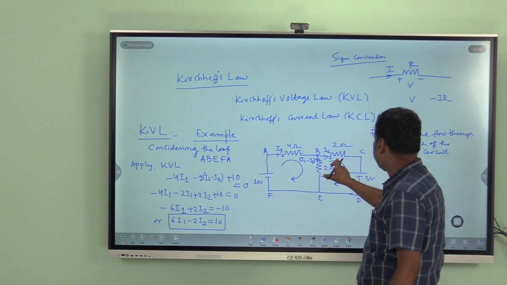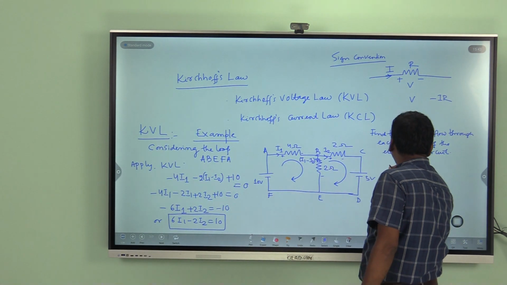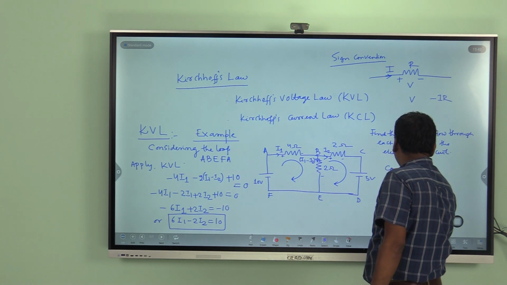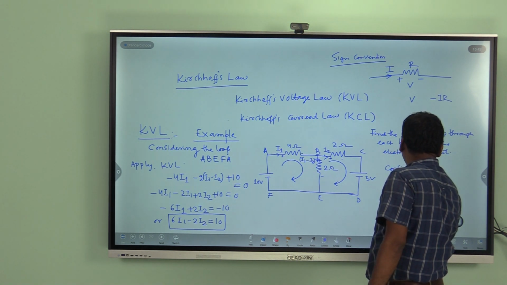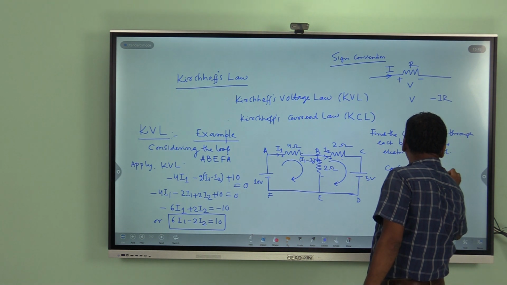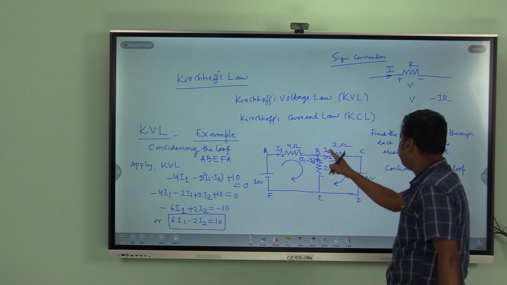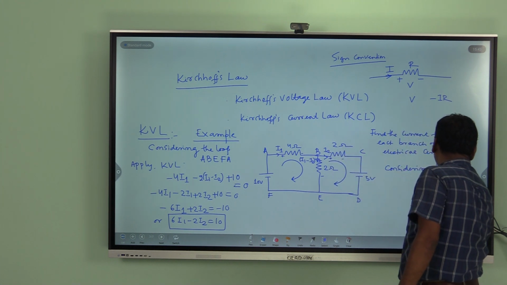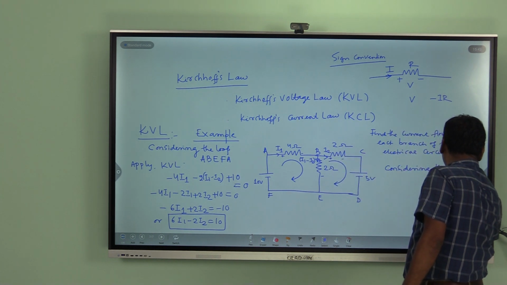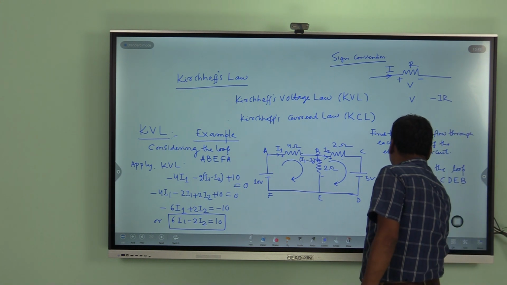Then apply KVL in the second loop, considering the loop B, C, D, E, B. Apply Kirchhoff's voltage law.